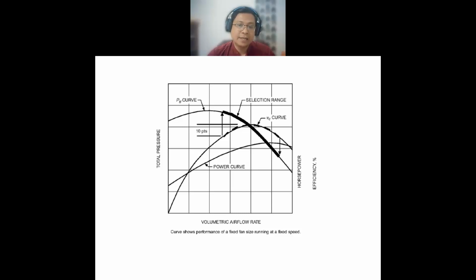So we can decide the best consumption in the volume flow rate is around here, and then we can select what type of fan. This one is the best to satisfy all criteria. That's how we select the fan.